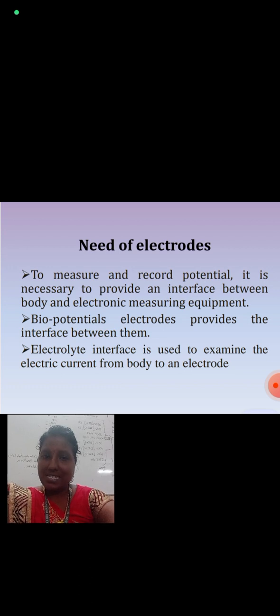So, to measure such potential, we need electrodes. So, biopotential electrodes provide the interface between them. Now, the electrolyte interface is used to examine the electric current from the body to an electrode. The electrolyte interface is nothing but the fluid which is present in our body.